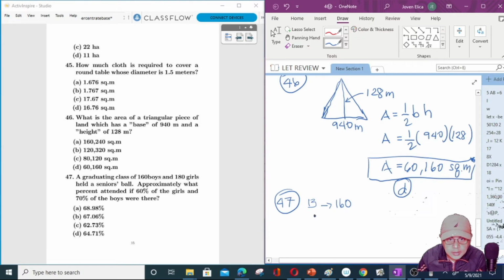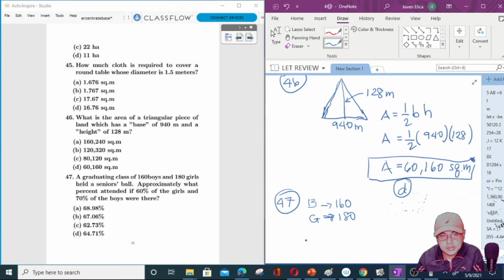And 180 girls. Held in senior ball. Approximately what percent attended? What percent attended if 60% of the girls and 70% of the boys were there?